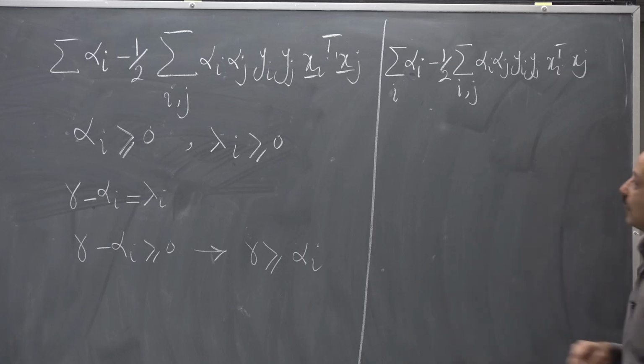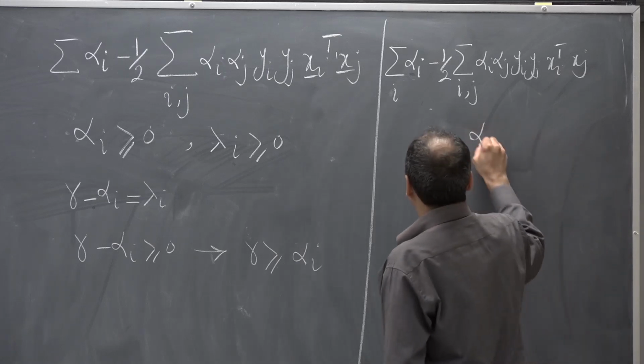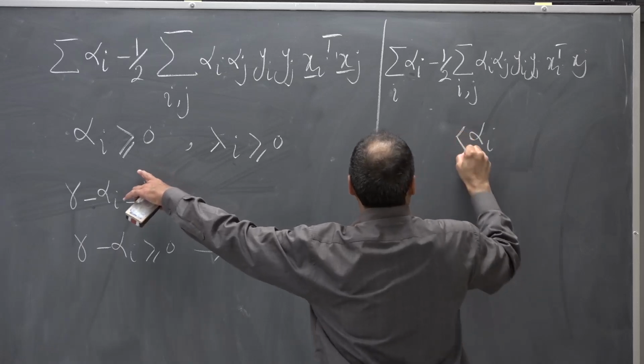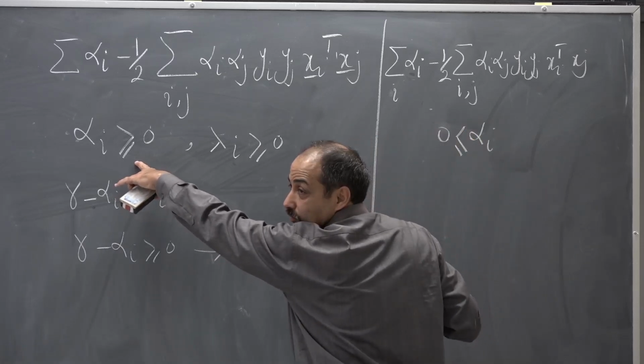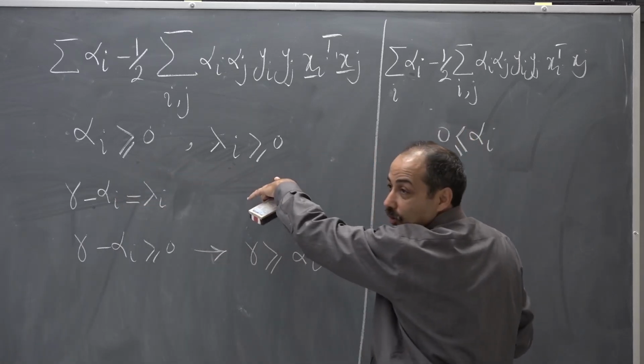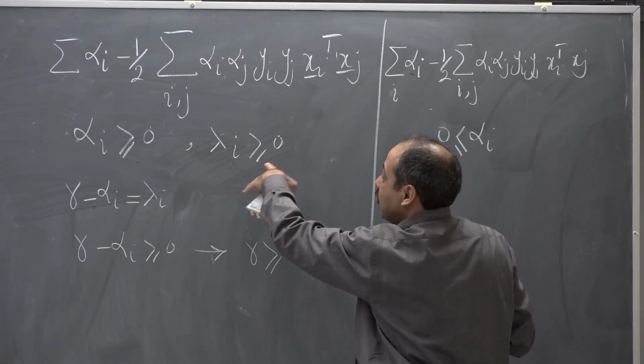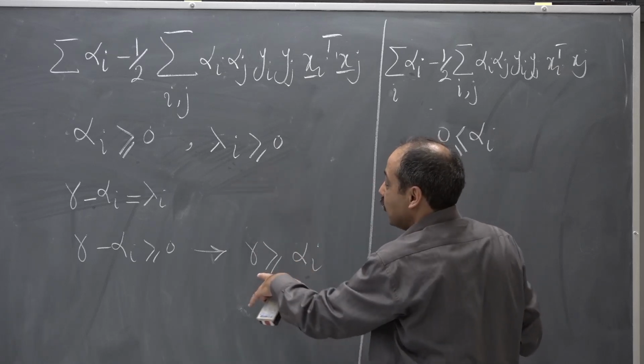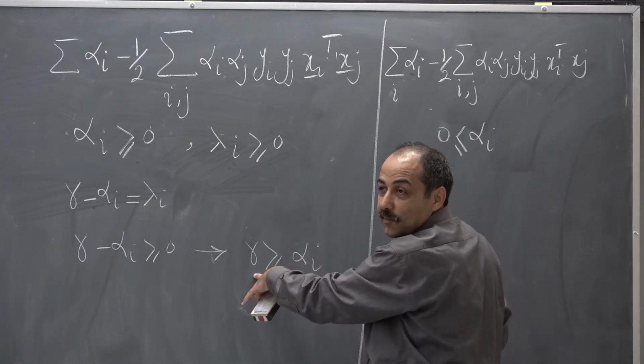So far it's exactly the same as hard margin. Alpha_i should be greater than or equal to 0. Lambda_i should be greater than or equal to 0, but lambda_i greater than or equal to 0 means that alpha_i is less than or equal to gamma.